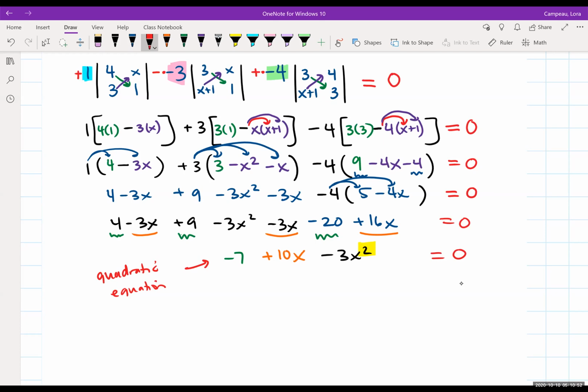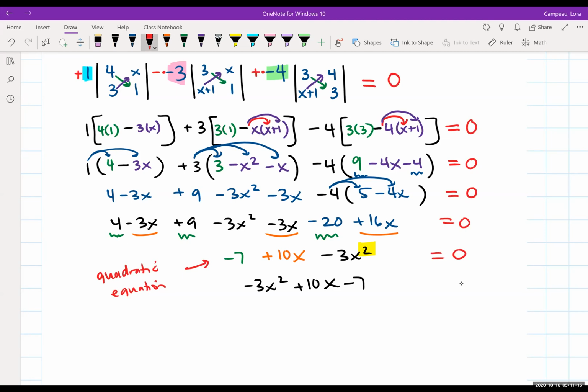It looks like these coefficients are a lot smaller. They're not huge numbers or decimals. And maybe just to get the gears in my mind moving, I might rearrange in descending order. So I might write the -3x squared term first, positive 10x second, -7 last. There's that descending order.